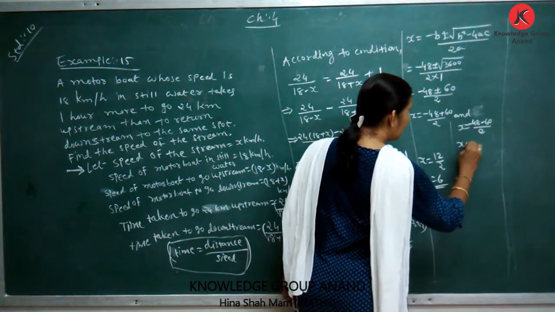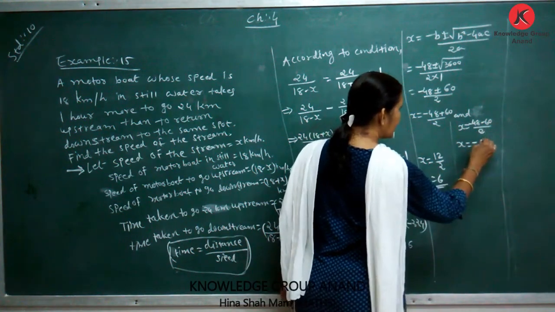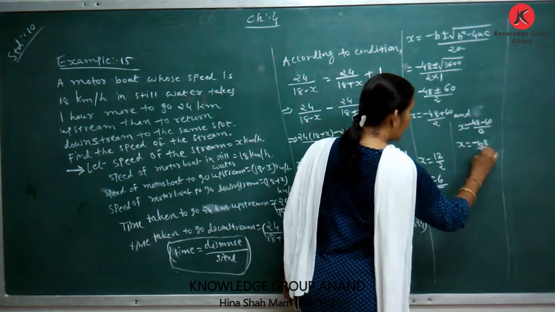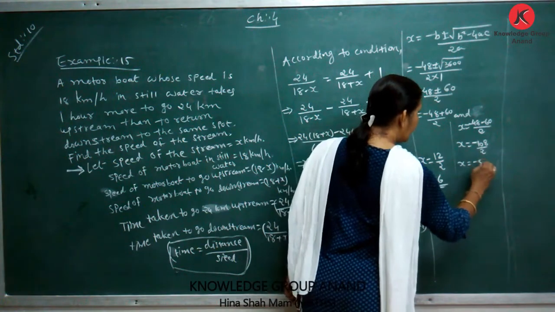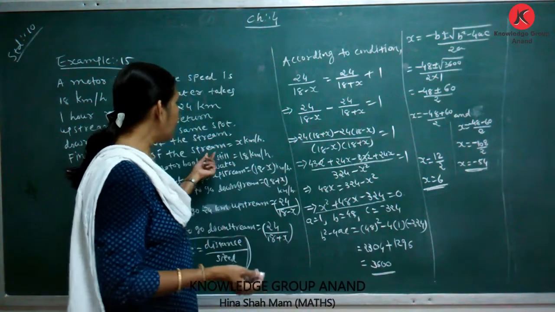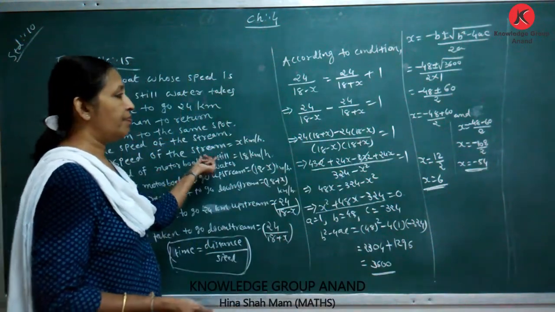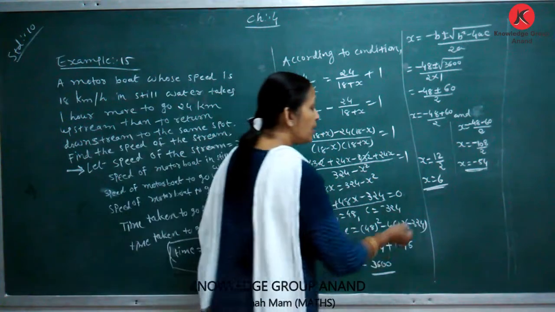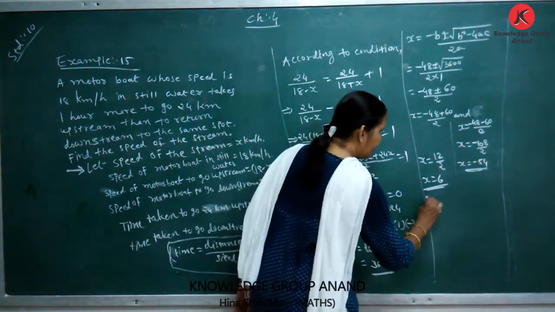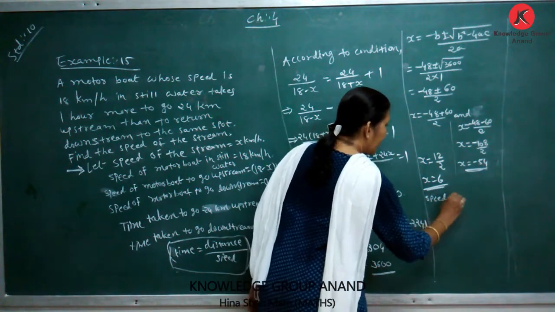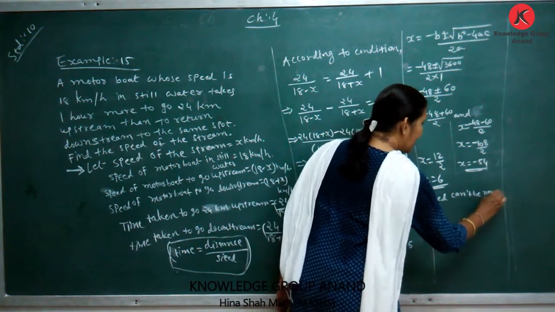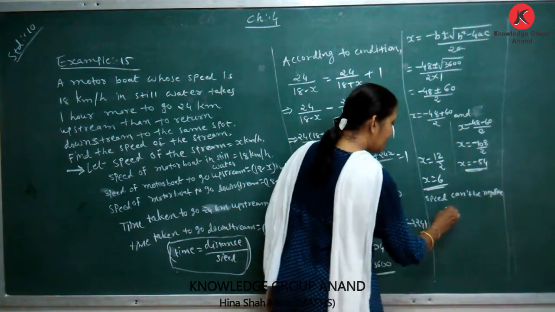And x is equal to minus 108 upon 2, x is equal to minus 54. x is the speed of the stream, and we know speed can't be negative.